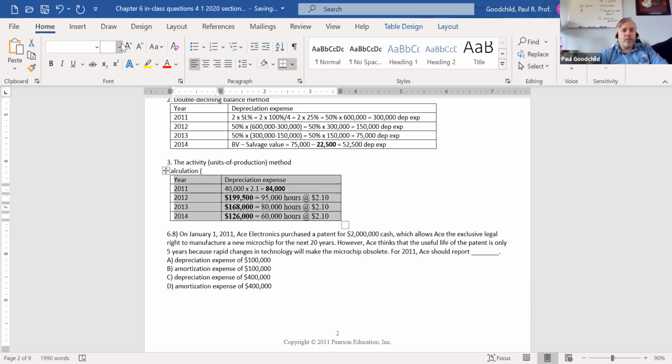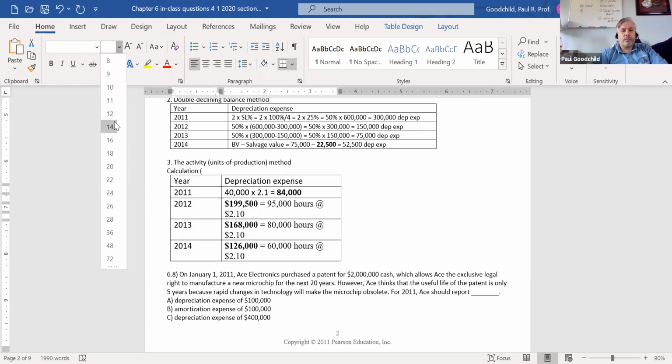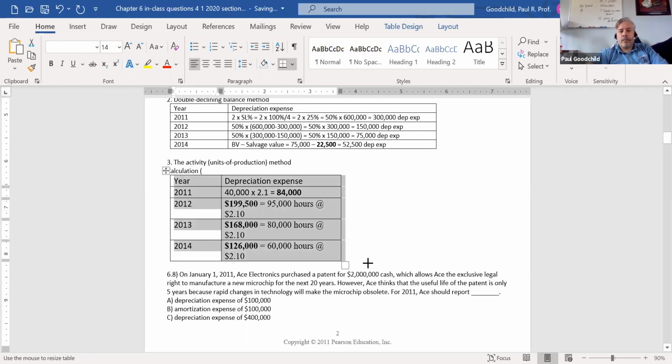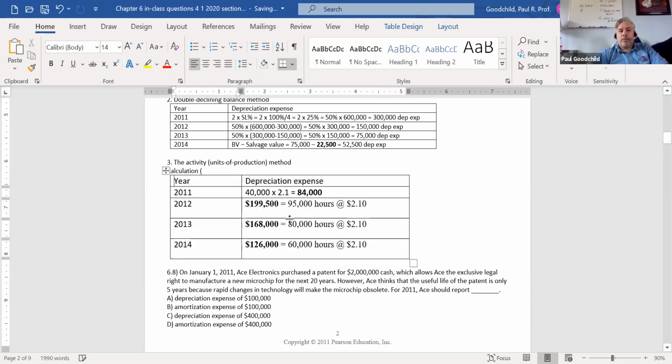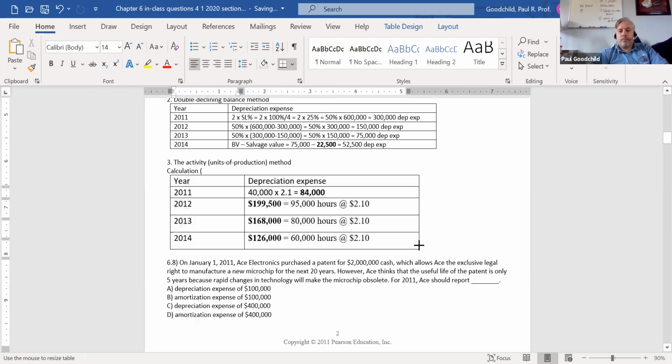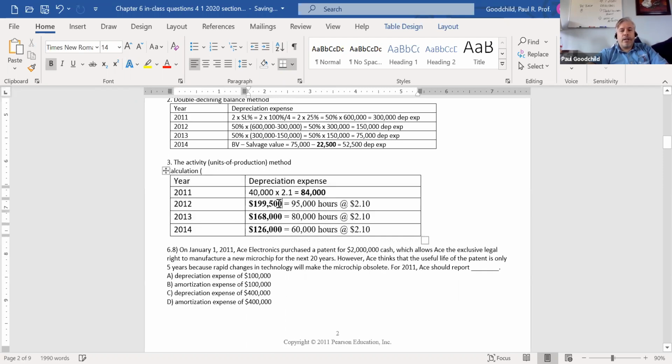I'm going to make these a little bigger. I did the first one, 40,000 times 2.1. The next one was 95,000 hours times 2.1, 80,000 times 2.1, and then 60,000 times 2.1.